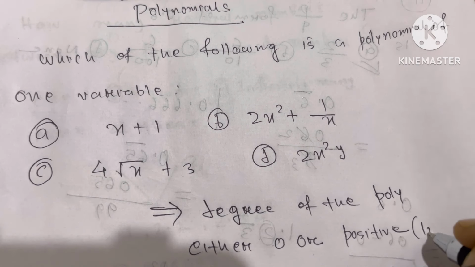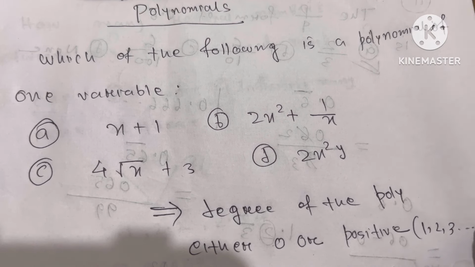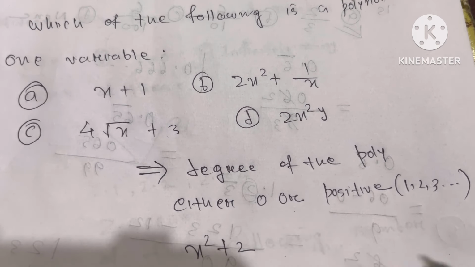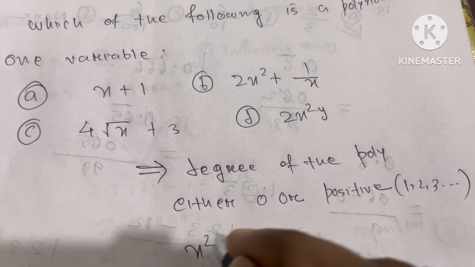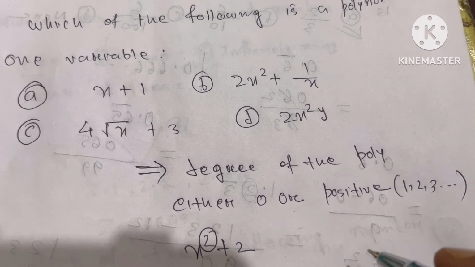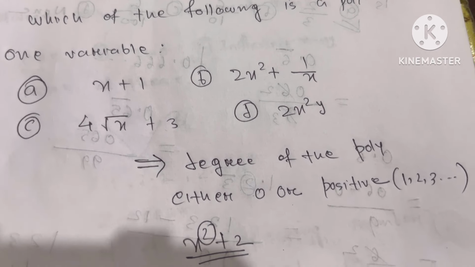Positive means 1, 2, 3, and so on. So x square plus 2 is a polynomial because the degree means the highest power of the variable. The highest power of the variable here is 2.